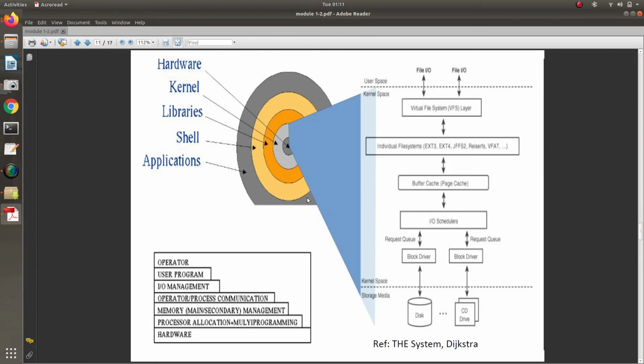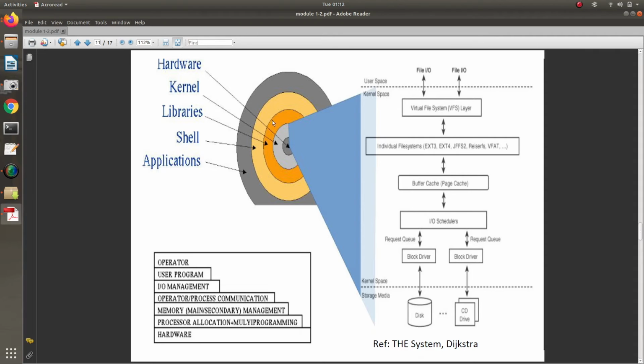Moving on, here we have the hardware as the lowest layer. The hardware can only be accessed by the kernel space.